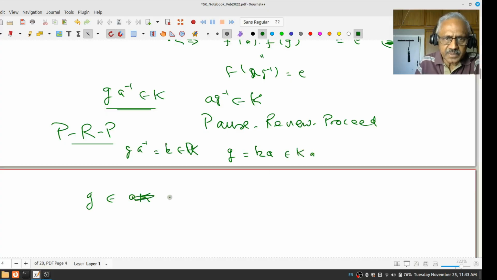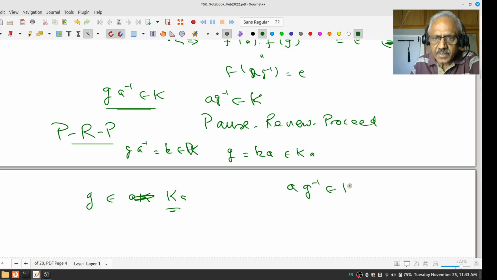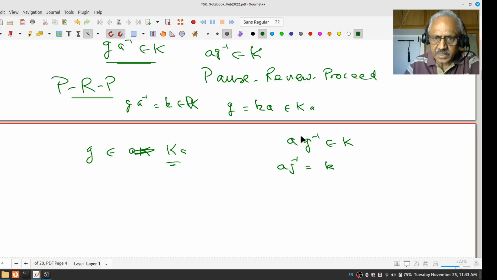Sorry, I said aK, this is Ka. And similarly a g inverse in K means a g inverse is some element k, which may not be the same k, some other k.